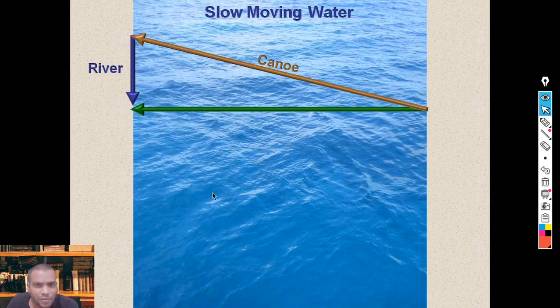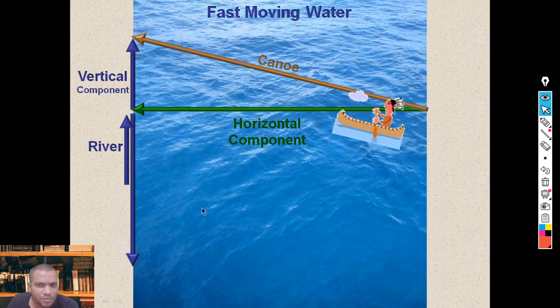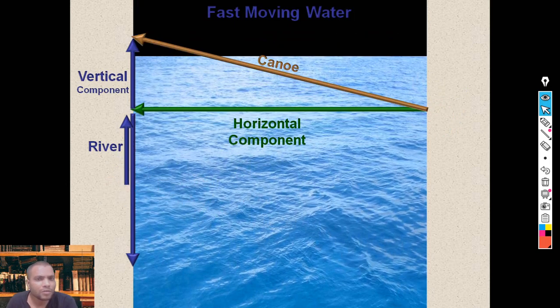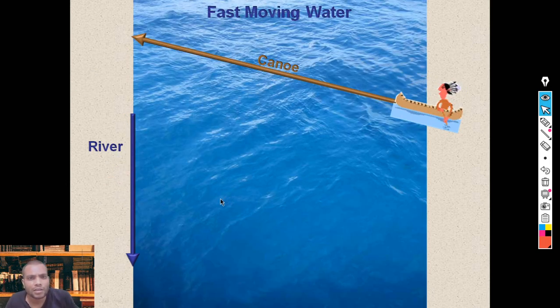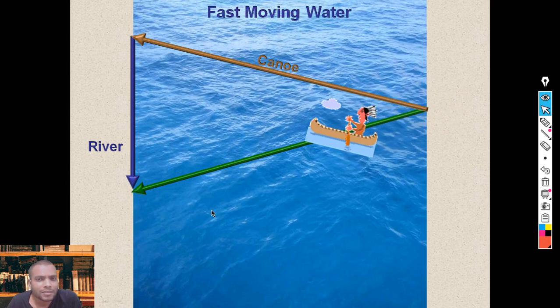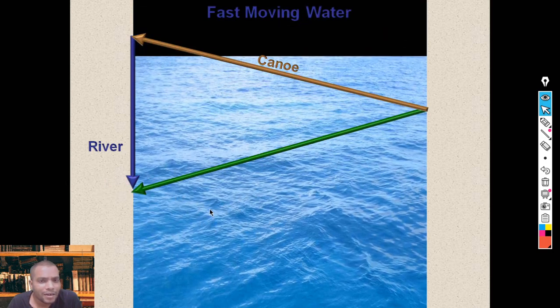This is an example for slow moving water; we can take one more example for fast moving water. In fast moving water, it is very difficult to control the boat and to reach the corresponding direction. So finally, the resolution of vectors into components changes the direction and the velocity of the vector.